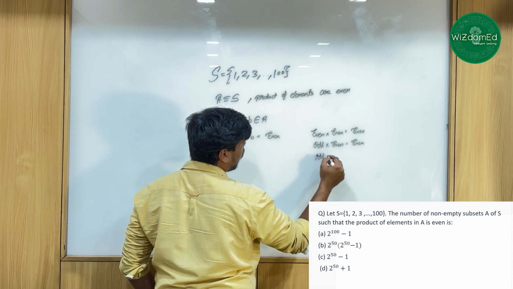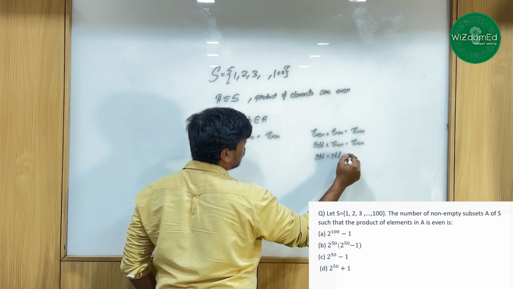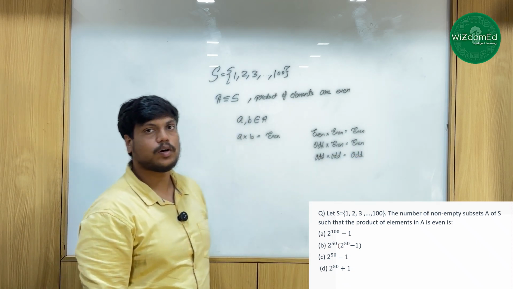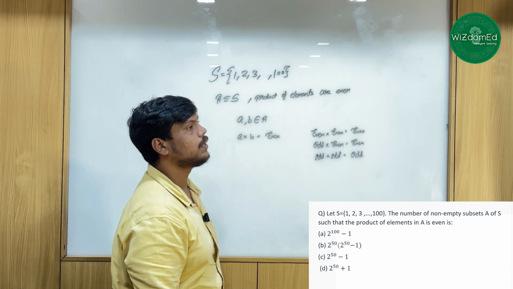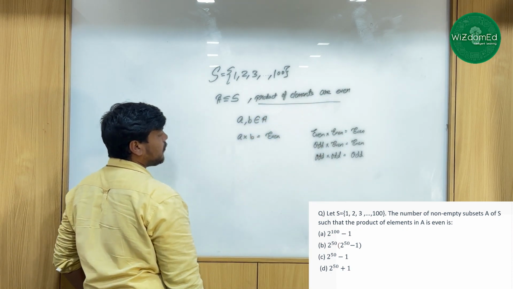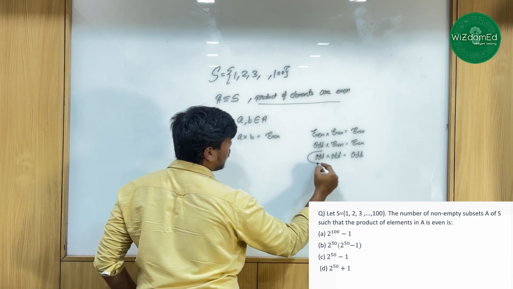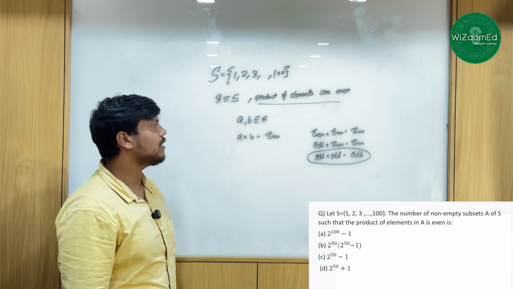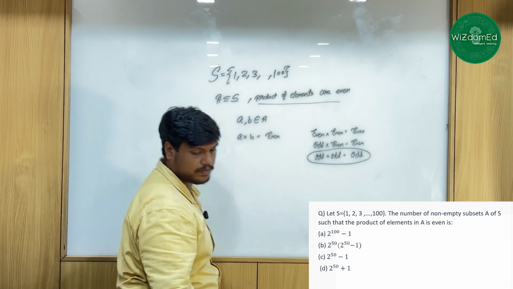But if I multiply odd number with an odd number, I'll get an odd number. So now here, if we want to find the number of subsets which has a product of elements even, then we need to find the number of subsets which has product to be odd, and then we can subtract it from the total number of subsets.